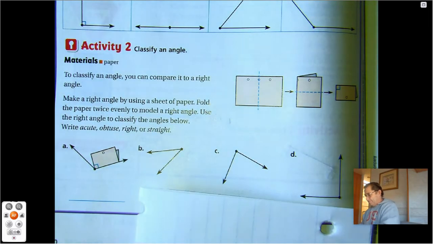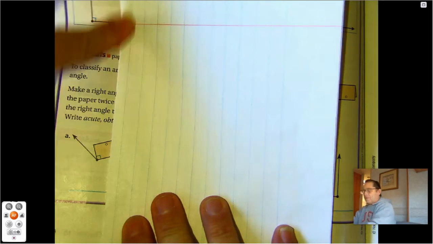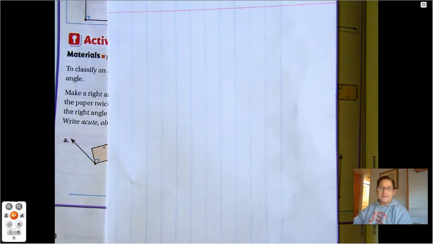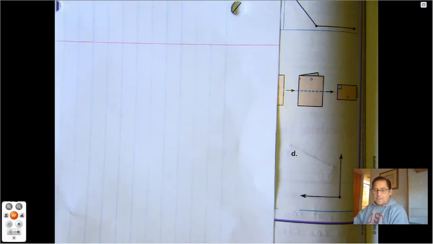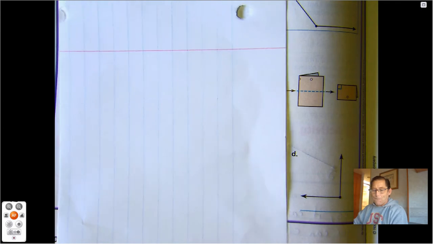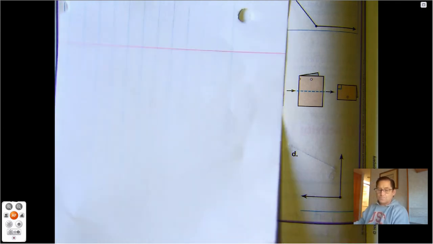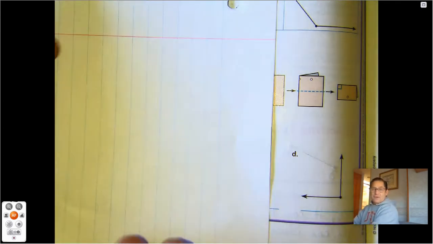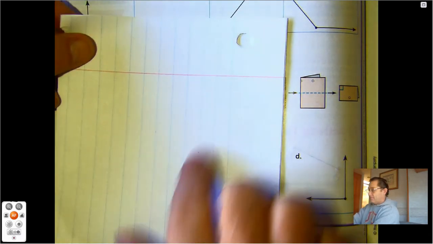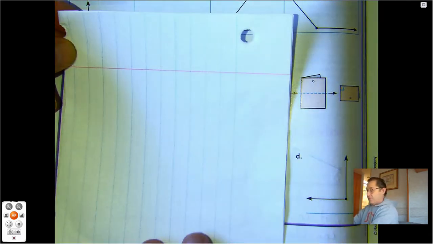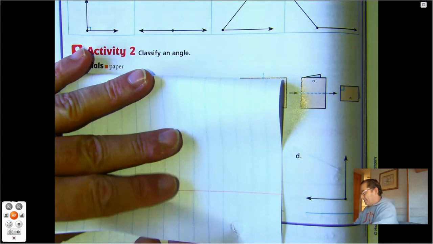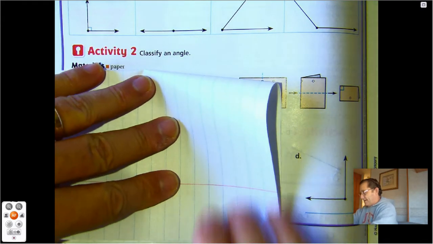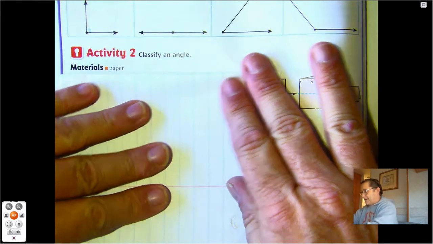All right. So we have that. Now take the part with the holes above away from you and fold it down one more time, making sure that it matches exactly.